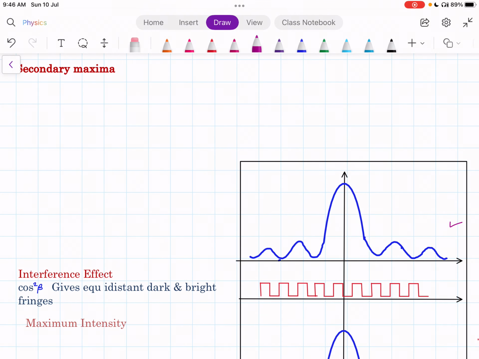These are the diffraction fringes due to single slit.